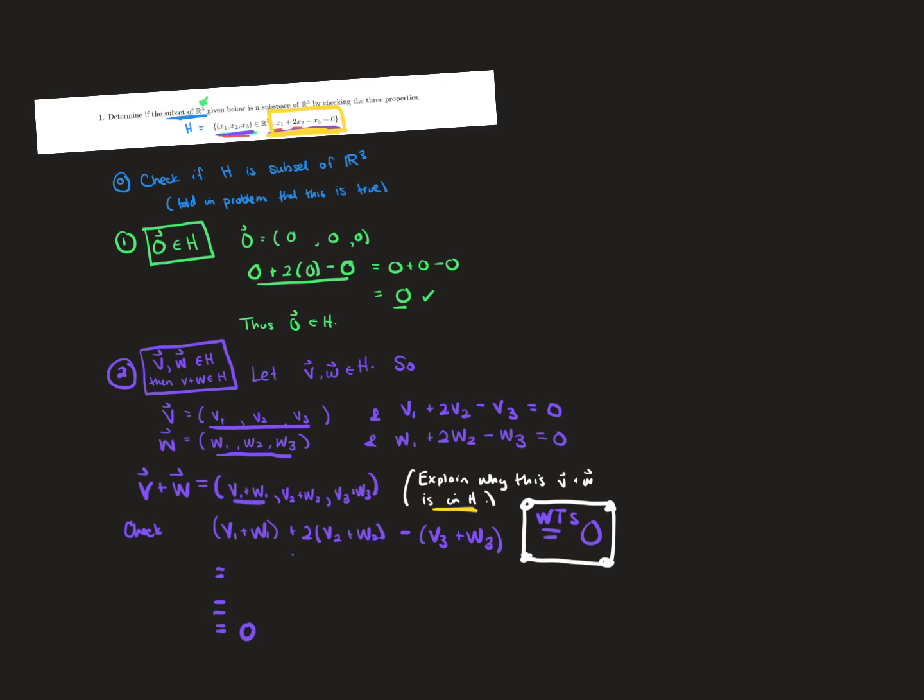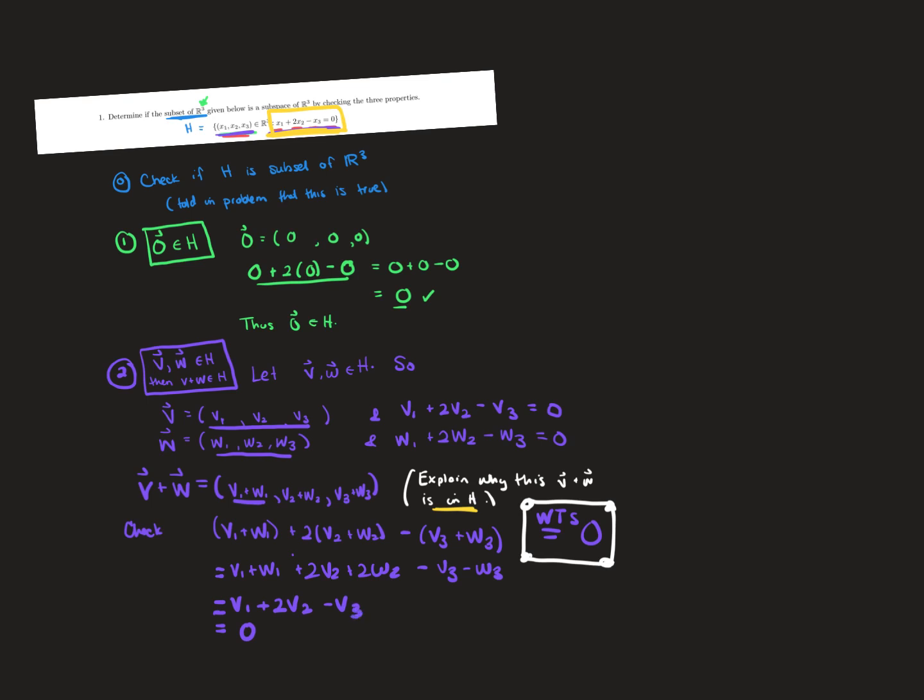So let's go ahead. I'm just going to expand this out first. So this equals v1 plus w1 plus 2v2 plus 2w2 minus v3 minus w3. And then maybe I'll write all of my v's first.